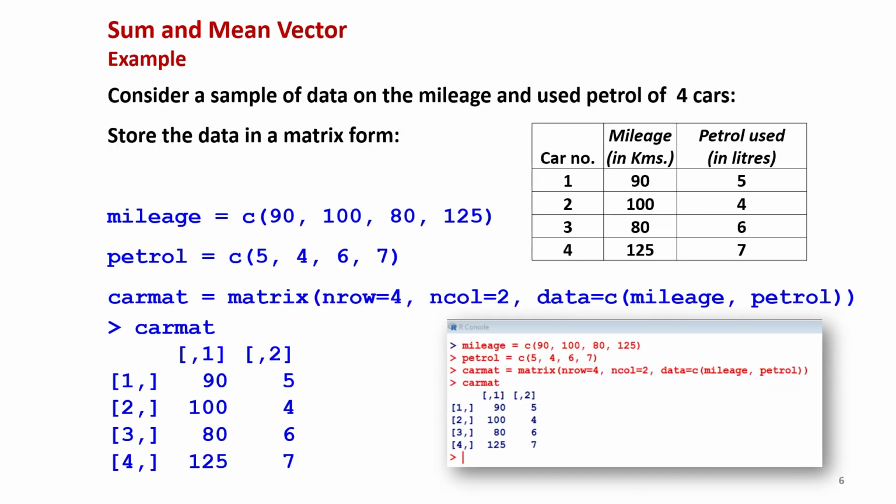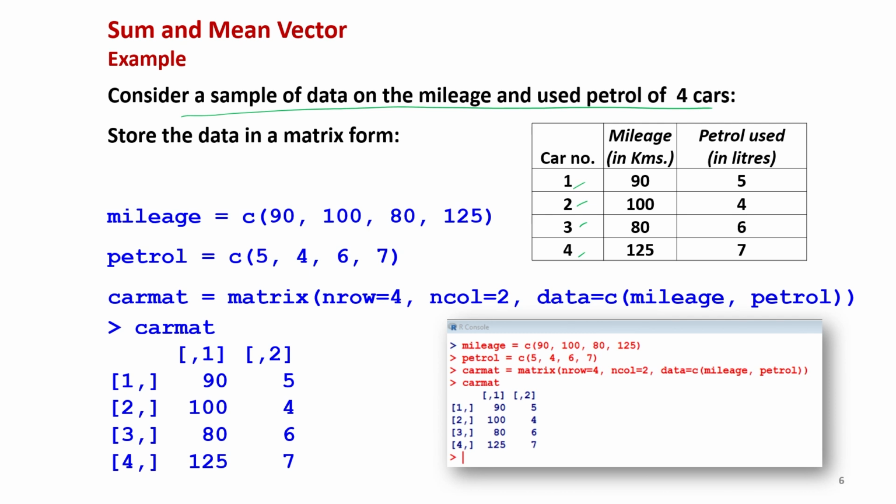And now, let me take a very simple example to show you how you can operate it in the R software and how it is going to make a difference, where you have to be careful. So, we consider a sample data set of 4 observations, where there are 4 cars, car number 1, 2, 3, 4, and their mileage has been recorded.